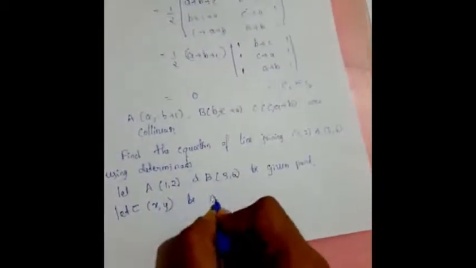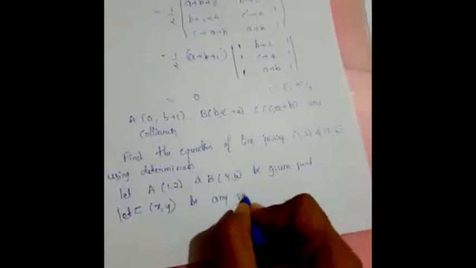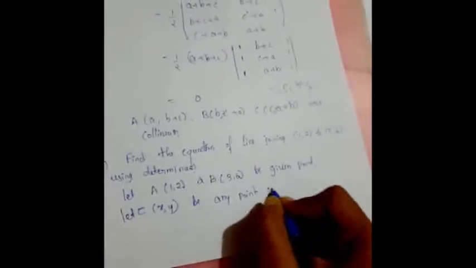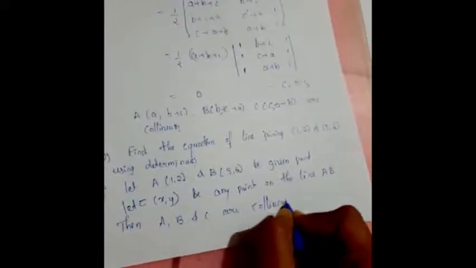Let C be any point on the line AB, then A, B and C are collinear. They have already told us that this is one line, the line joining these 2 points.